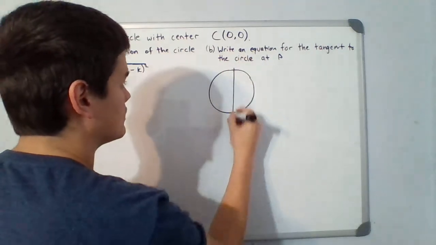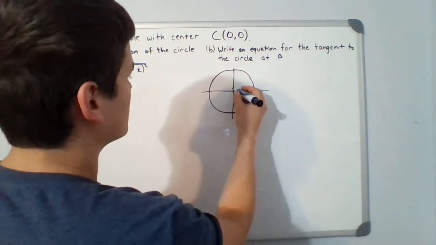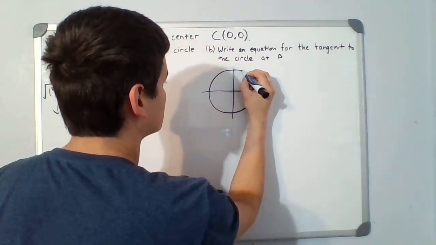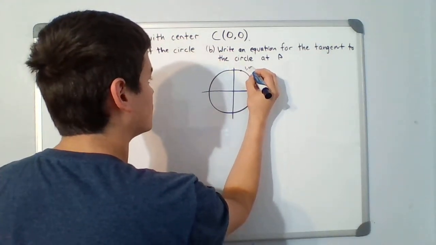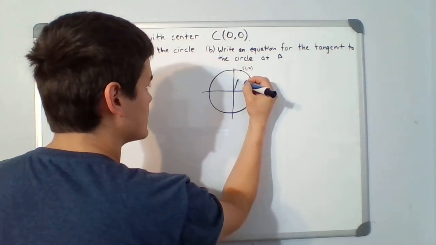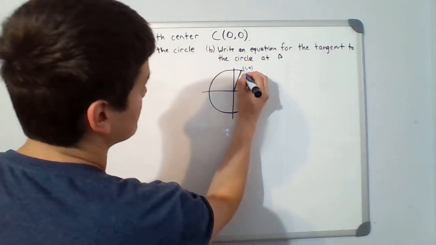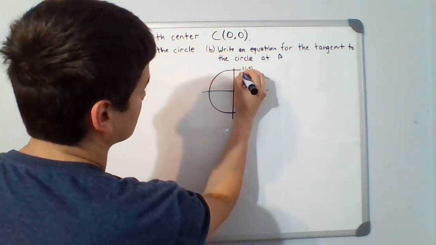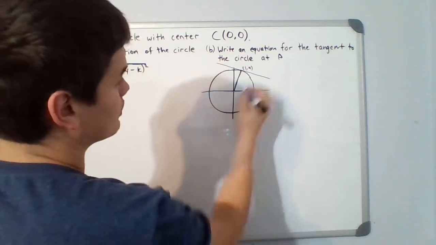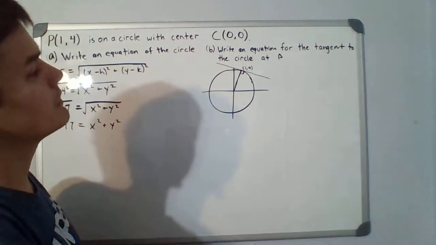So this is going to be the circle, the origin, and we have a point 1, 4 on the circle. So if I draw a radius to that point 1, 4, the tangent line is going to be perpendicular to that radius at that point.